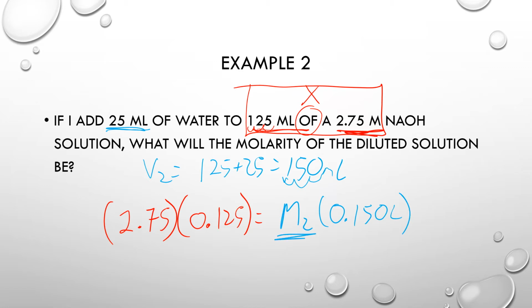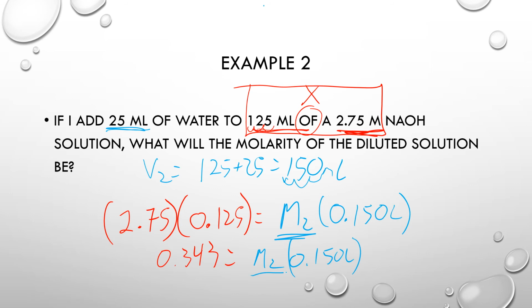Okay, so we're solving for this. So 2.75 times 0.125 is 0.343. So over here we got 0.343 is equal to M2 times 0.150 liters. And so we're going to get M2 by dividing 0.343 by 0.15, and we get 2.29.